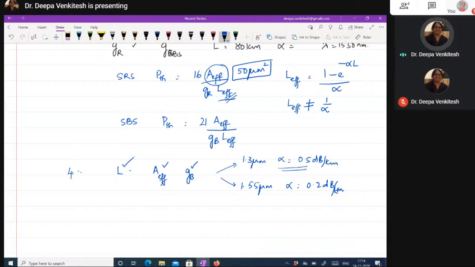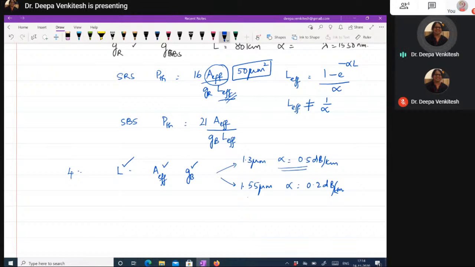the smaller is the threshold. One more difference you can think of is the effective area. The effective area is actually the mode area that should be different for 1.3 and 1.5 micron. But for this question, just ignore that difference, and then you can calculate.